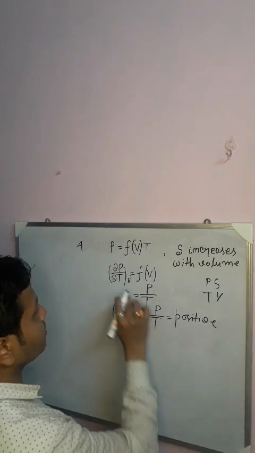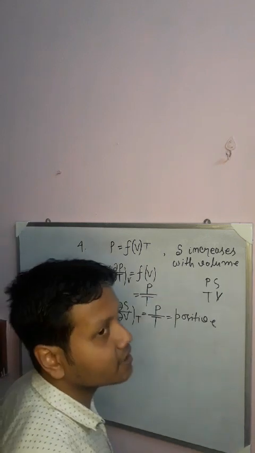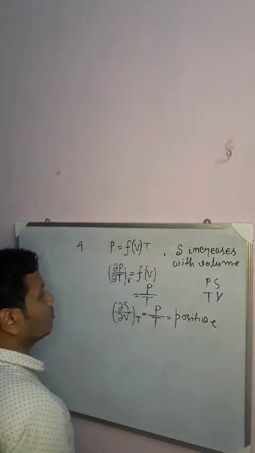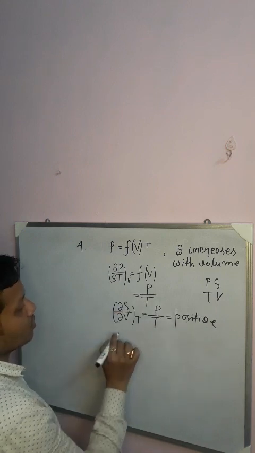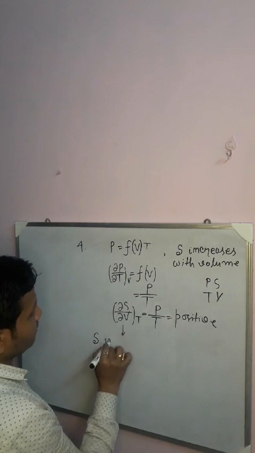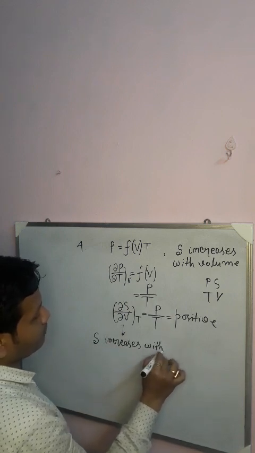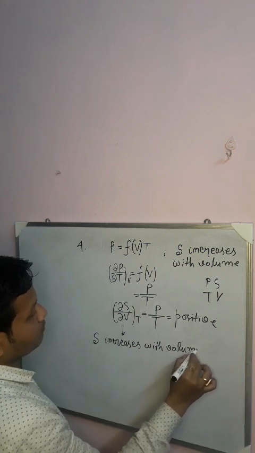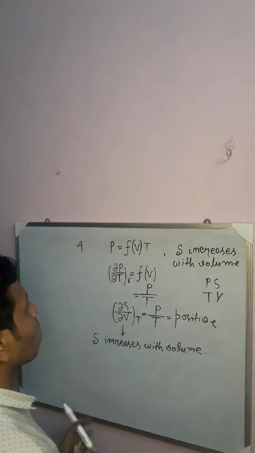P by T is positive because by keeping volume constant, if you increase pressure, then temperature increases according to the pressure law. So P by T is positive. So clearly, if the right hand side is positive, then S increases with volume. Okay. So this is our fourth numerical.